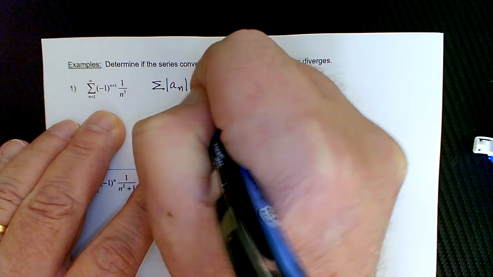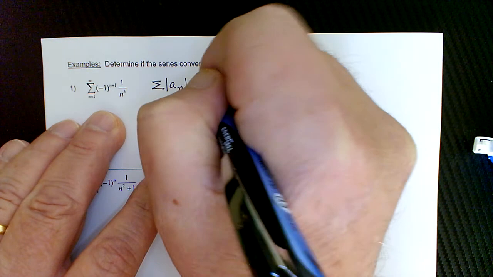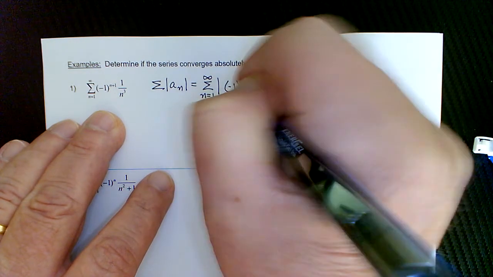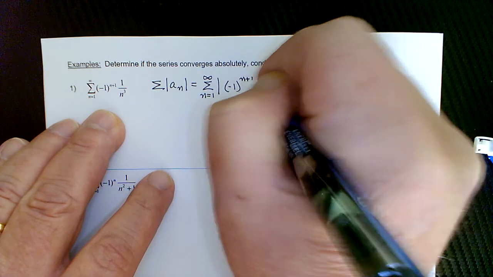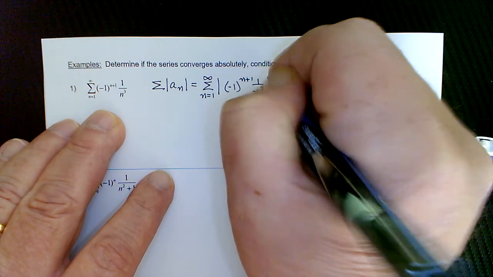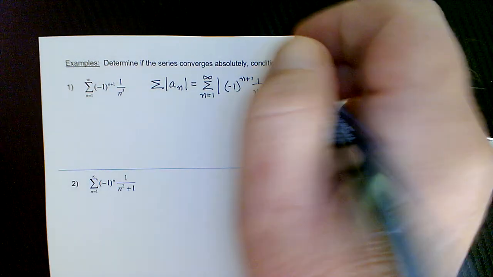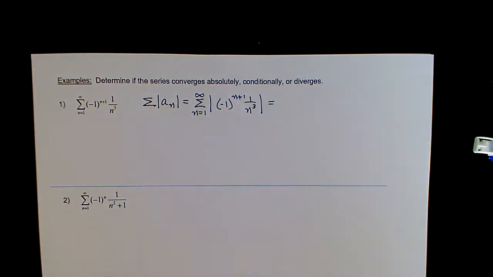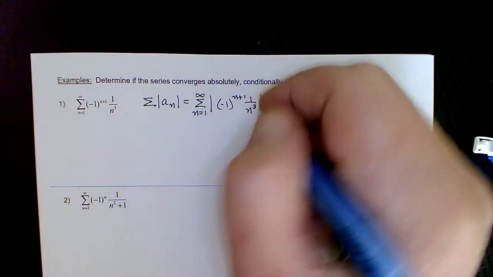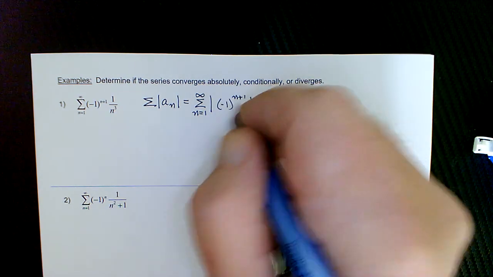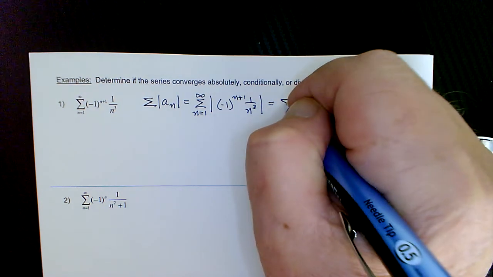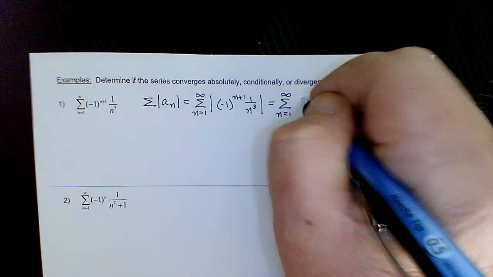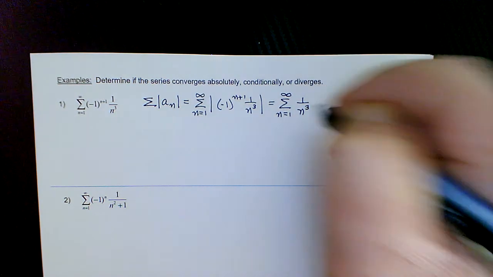So that's the sum as n goes from 1 to infinity of the absolute value of (-1) to the n plus 1th times 1 over n cubed. And what the absolute value allows us to do is basically just remove the alternating factor. So you could drop the absolute values, drop the alternating factor, and here we get the sum as n goes from 1 to infinity of 1 over n cubed.